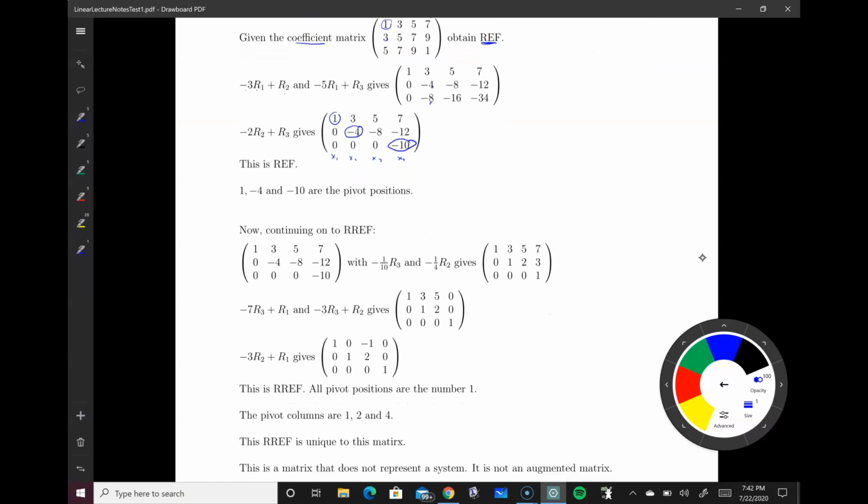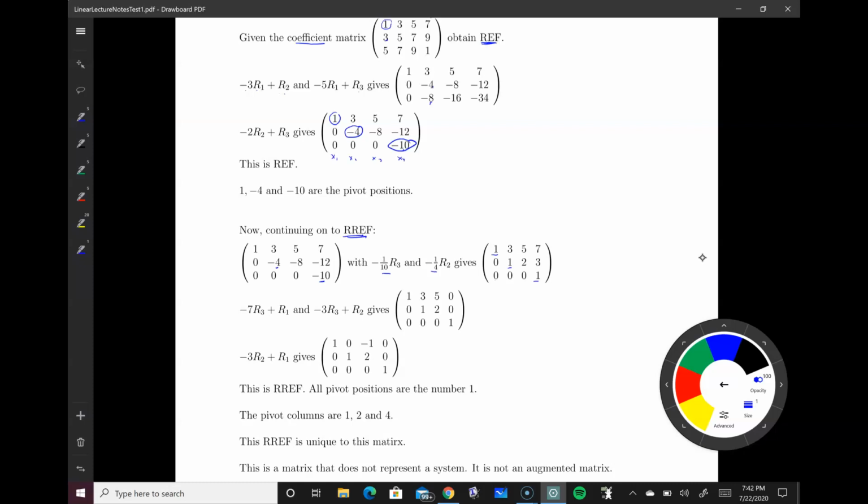Okay, so if I was to continue with this to get to RREF, then I would want to get a 1 in this position right here, and a 1 in this position right here. So I'm going to multiply by -1/10 and -1/4. So I do. So I've got 1s as the leading entries, the pivot positions, and I've got 0s below them. Now I want to get 0s above.